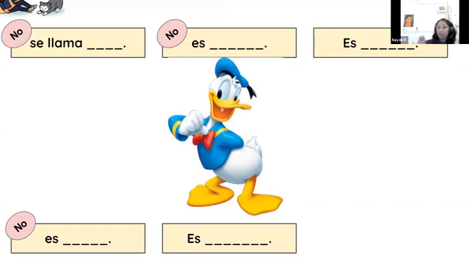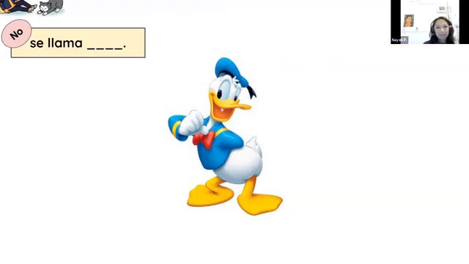Sí, es actor. Donald Duck es famoso, por supuesto, of course. Donald Duck es famoso. Es muy famoso. No se llama Mickey Mouse, se llama Donald Duck.